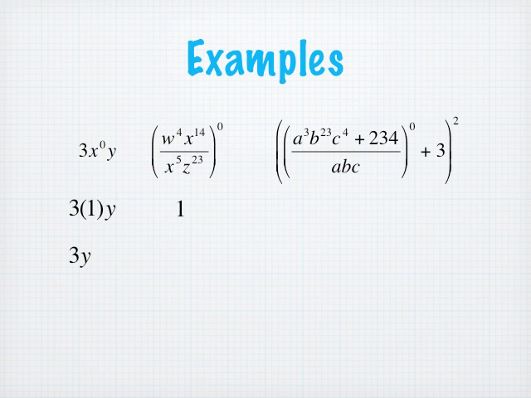So all of that stuff in parentheses to the 0 power turns into 1. Plus 3 squared. It doesn't disappear. It's not 0. That doesn't just turn into 3 squared. It's 1 plus 3 squared. Anything to the 0 power turns into 1, which is 4 squared, which is 16. So we'll use that a little bit in future examples, but we won't have any other examples as explicitly messy with zeros in them.